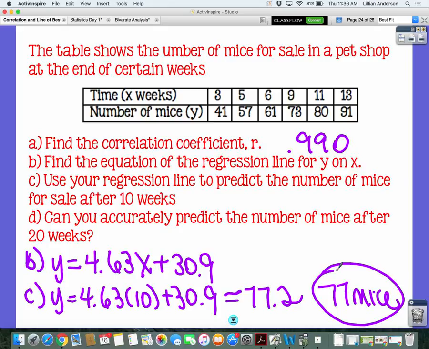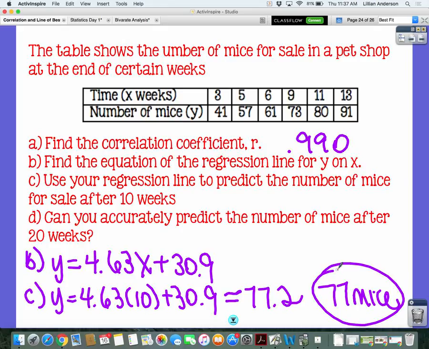We don't know what happens in week 14 or 15 or 16 yet. What happens in week 20? That's true. Something could happen and all the mice die. Or there could be a crazy boom and it just shoots up exponentially. Okay? So we actually cannot accurately predict how many mice there are after 20 weeks because we do not know what the data was after week 13.